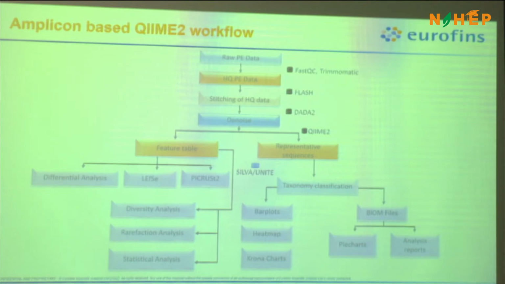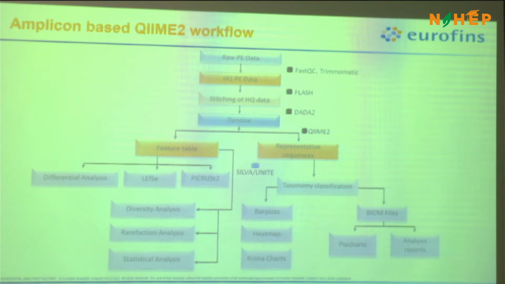After that we use DADA2 in QIIME 2, which has been introduced newly, where we are doing denoising. Denoising is nothing but removing those tags which are redundant, which are not good, and removing those reads which are stitched but not good to go for the abundance.